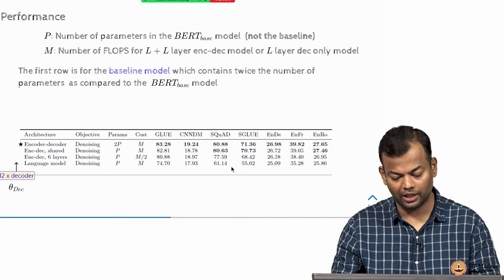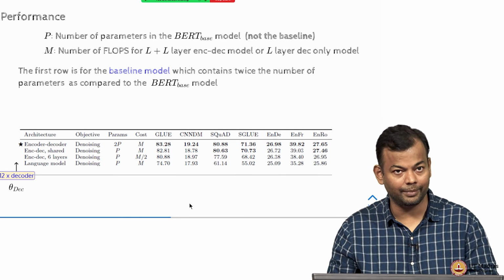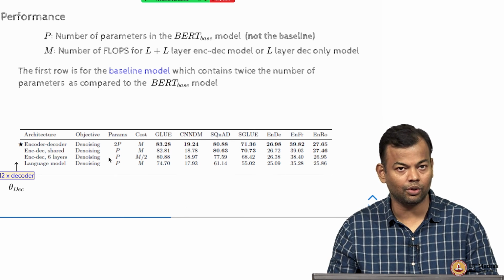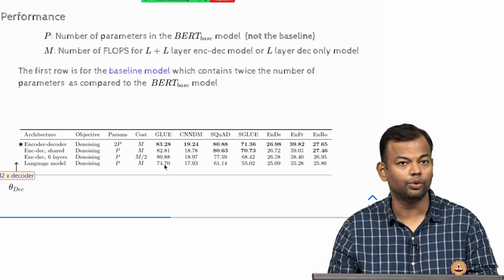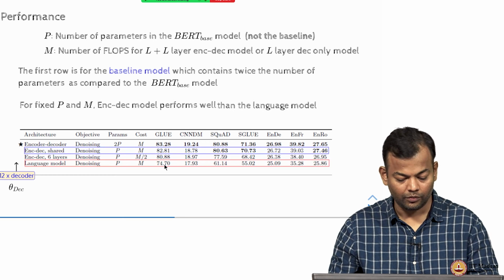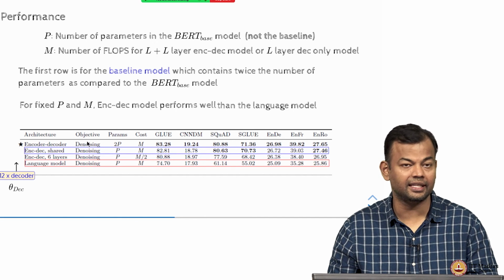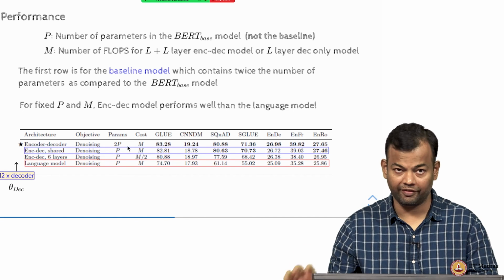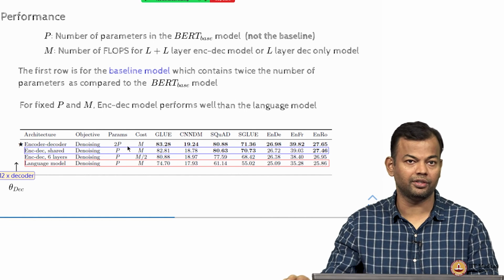So this was actually quite poor, right? So you can see that now these things are comparable because P and M are constant. So you can compare the second row to the fourth row, and the fourth row is much poorer, right? Okay. So for a fixed P and M using the same objective function, so I've kept everything the same, right? P is the same, M is the same, the objective function is the same.